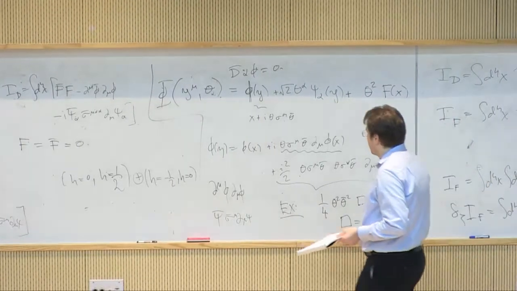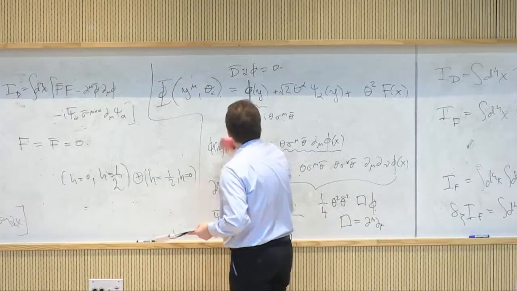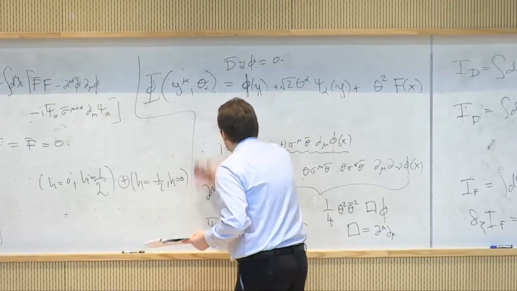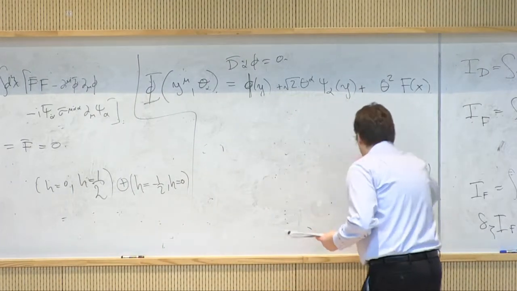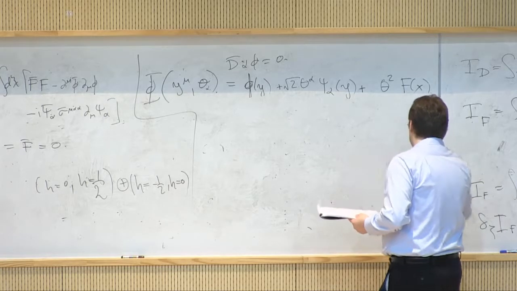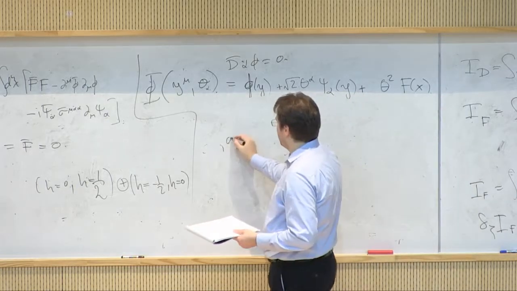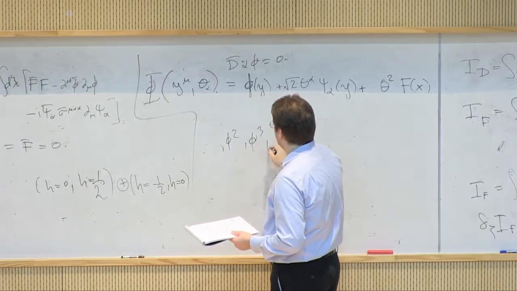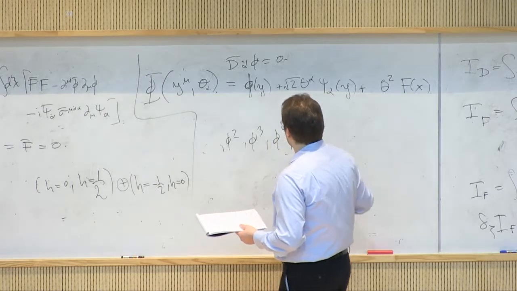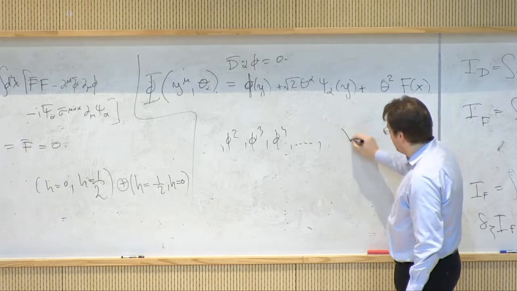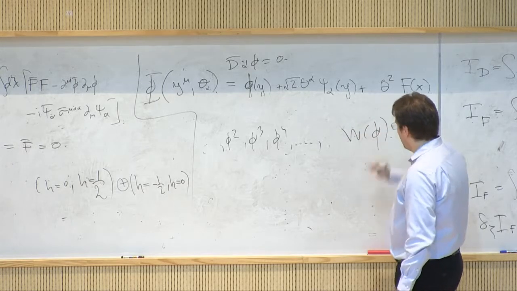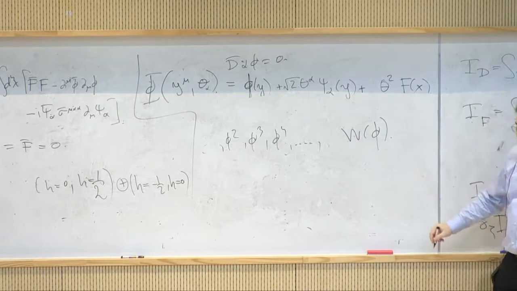So that means that we can produce a more interesting example of a chiral superfield by considering things like phi squared, phi cubed, etc. Or if you wish, if you just sum these things up with some random coefficients, you'll get an arbitrary holomorphic function of phi.